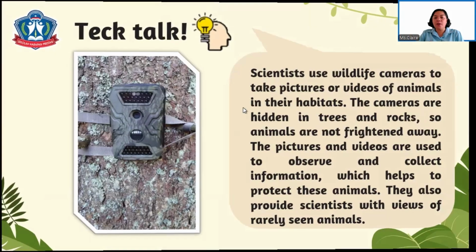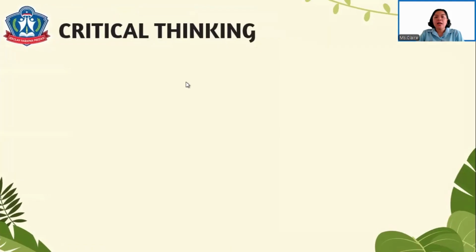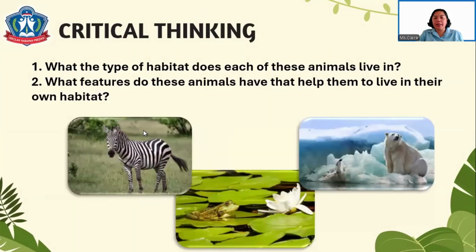Okay, now for our critical thinking, take a look here. What type of habitat does each of these animals live in? And what features do those animals have that help them survive or live in their own habitat? We have the zebra, the frog, the polar bear, and also this is a penguin.